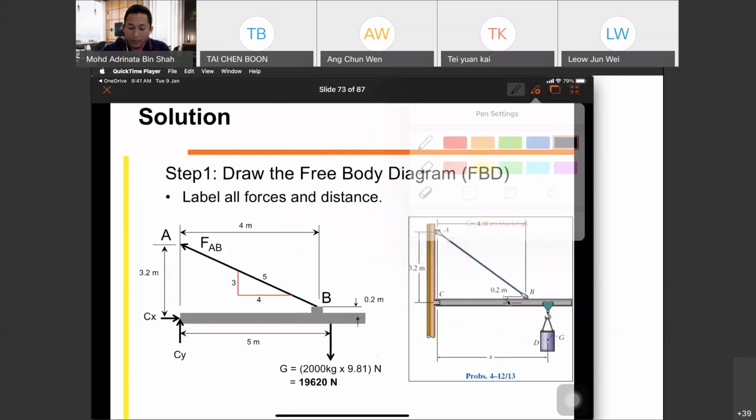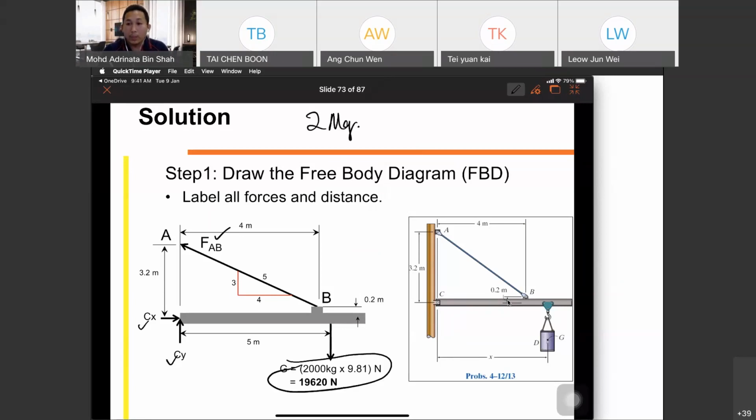So from that we have CX and CY, and then we have FAB acting along the triangle 3, 4, 5, and we have the 2 megagram. Please remember, do not just write 2 megagram, because later you will do 2 times 10 to the power of 6 times 9.81 equals Newton.